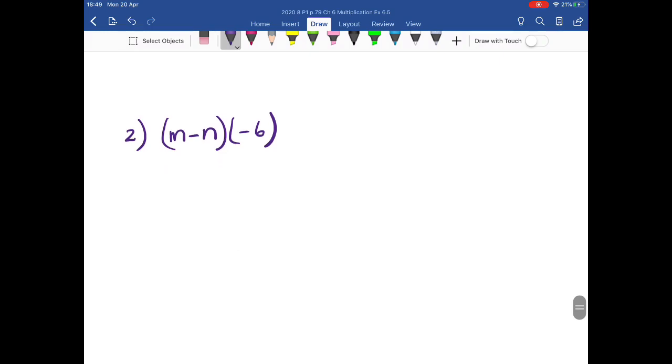Let's look at this one. Well, this is distribution from the back because this is the lonely little soul outside. So the lonely little soul is going to greet everyone or shake hands with everyone inside. So I'm going to do signs, numbers, letters. So I will do a negative times a positive is negative. 1 times 6 is 6, and I just have an m.